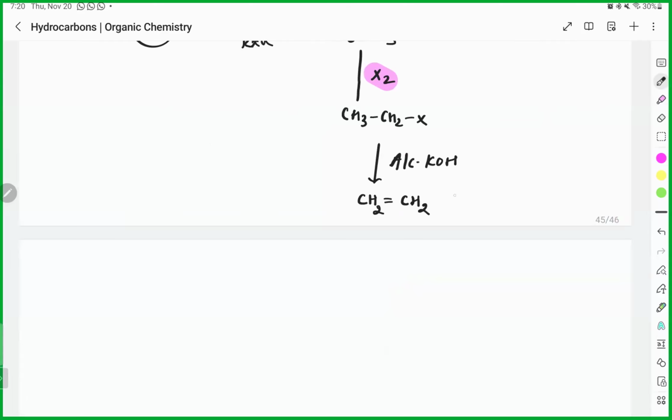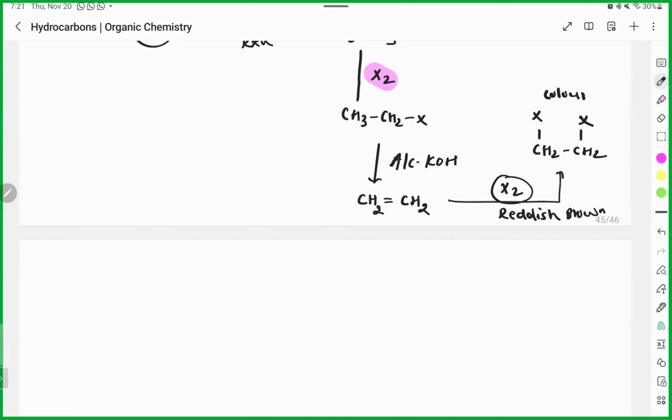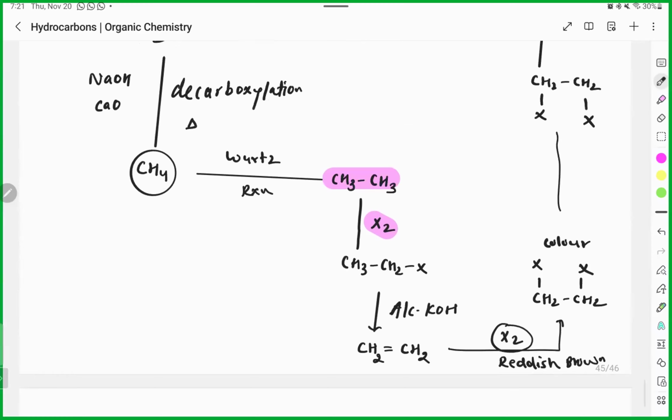So here you can add halogen. If you add halogen, CH2, CH2, unsaturation test. Test of unsaturation. Reddish brown color of bromine will convert into colorless. And now you know this is the compound.